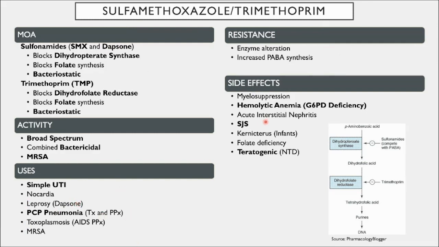Big things here are hemolytic anemia. As you probably learned in the molecules to cells course, these can activate reactive oxygen species formation in folks that have G6PD deficiency, and so they can get really bad anemia really fast if you give them these. These also are really bad about causing Stevens-Johnson syndrome.